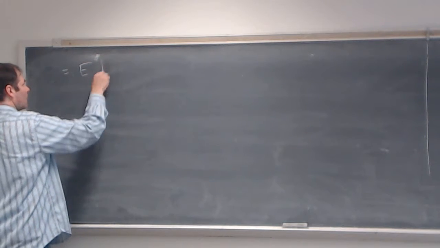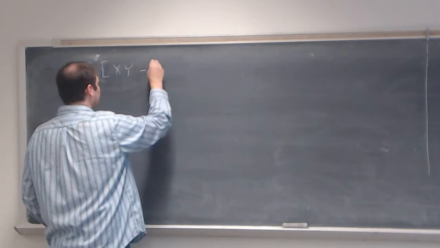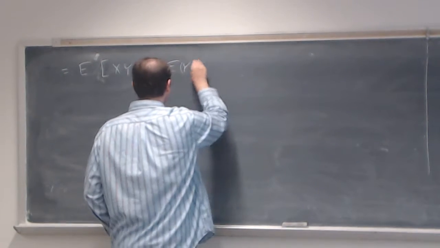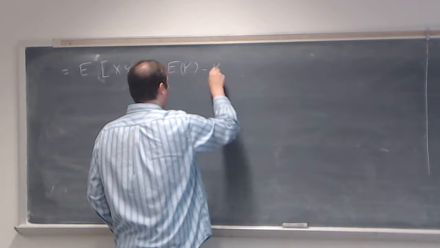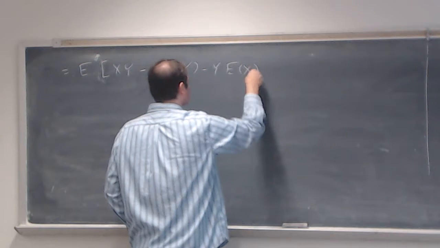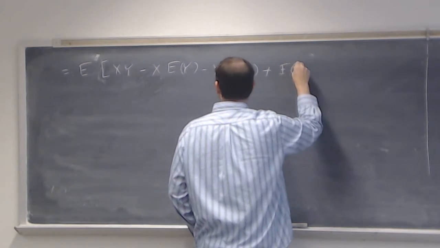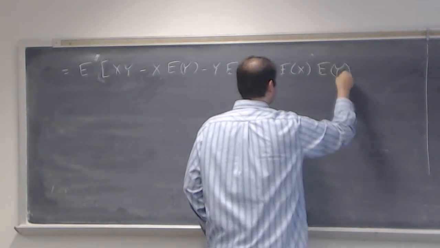So we multiply this out. What we have is x times y, minus x times the expected value of y. Then it would be minus y times the expected value of x. And then it would be plus the expected value of x times the expected value of y.